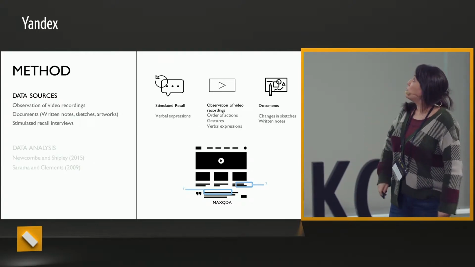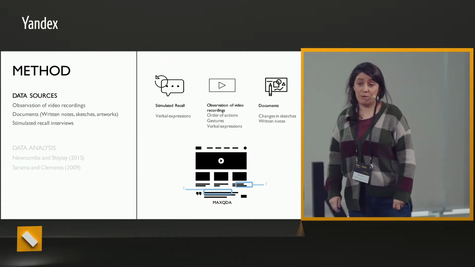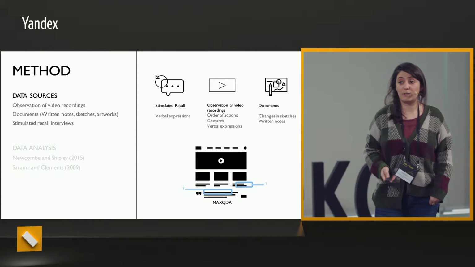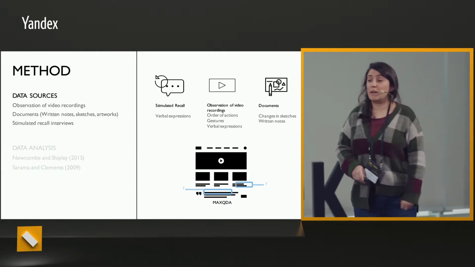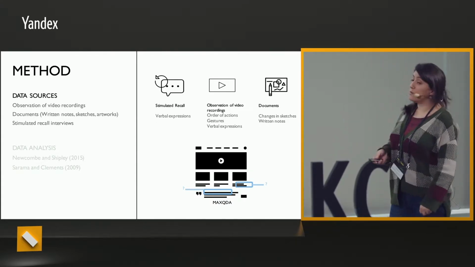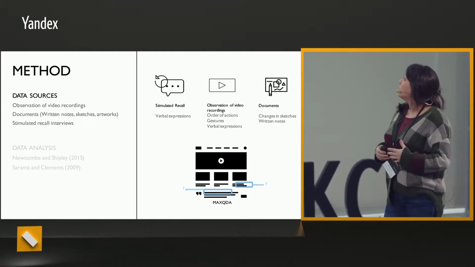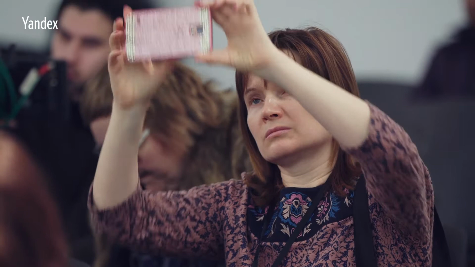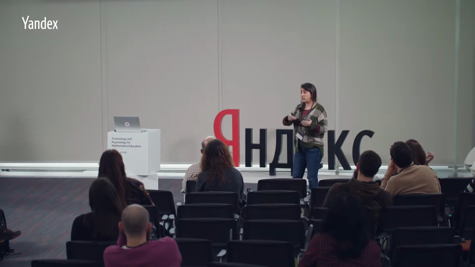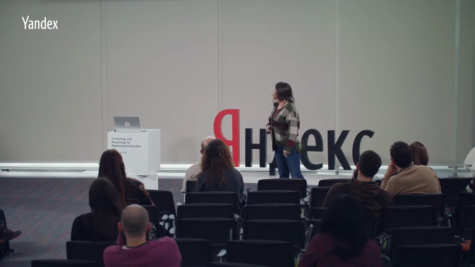The major data source of the study was stimulated recall interviews that were conducted after each studio work. The next one is observation of video recordings, and the last one, documents of the studios. In these data sources, students' written explanations, verbal explanations, gestures, order of actions, and changes in their sketches were investigated and analyzed.